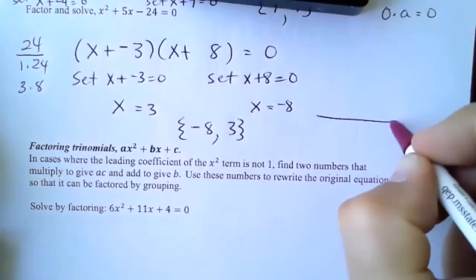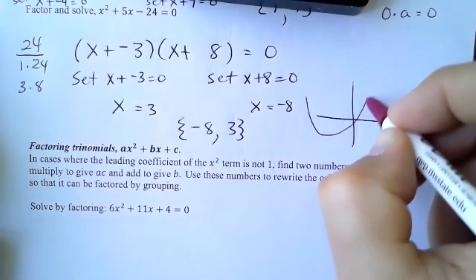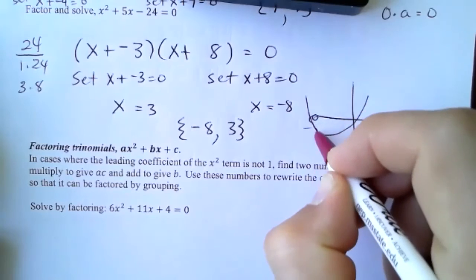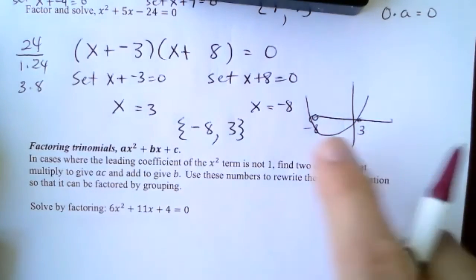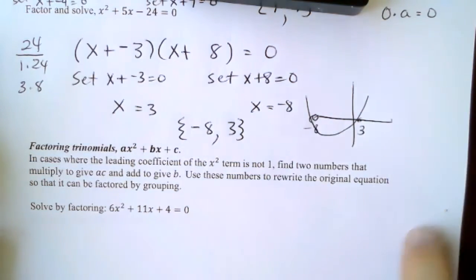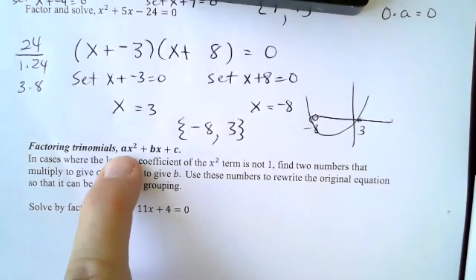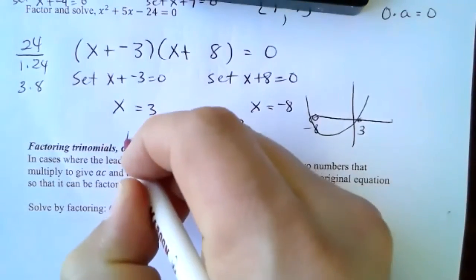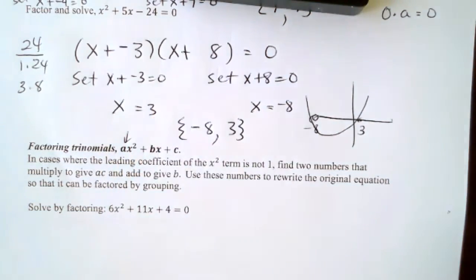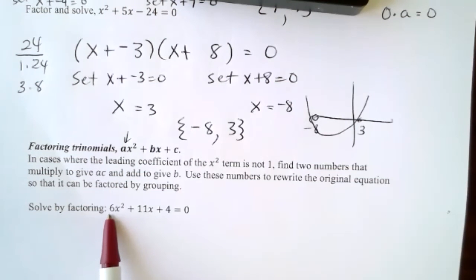These are my solutions. If you were to freehand that, you would have an 8 negative way over here, and then 3 positive. So you'd have a graph that looks kind of like that. All right, so we're going to end it there today. And we're going to start tomorrow with factoring trinomials with an a value larger than 1. We'll get to that tomorrow.